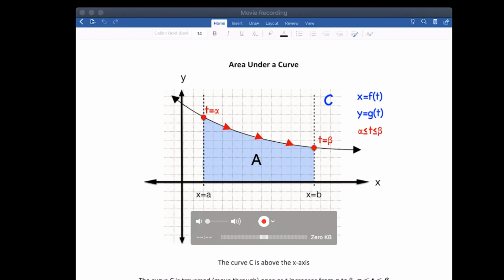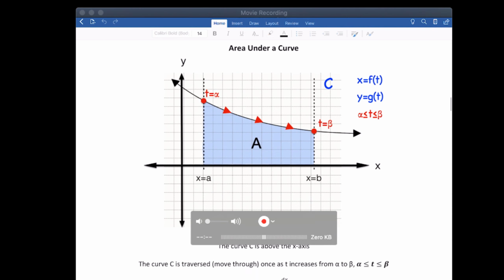Now, this is the only thing you have to be concerned with. If you look at this picture, when x goes from A to B, right? The time value, x is A, corresponds to t is alpha. And when x is b, that corresponds to t is beta.